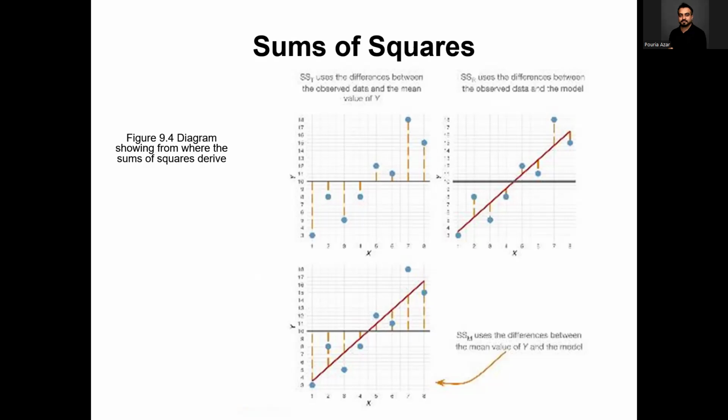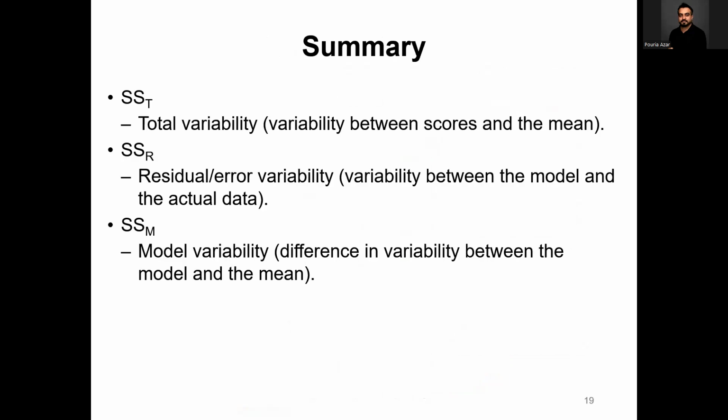The total sum of squares is the difference between the observed data and the mean value of the outcome variable. The sum of squares of the residuals is the difference between the observed data and the model. And the sum of squares of the model is the difference between the mean value of the outcome variable and the model. So we have three types of sums of squares.